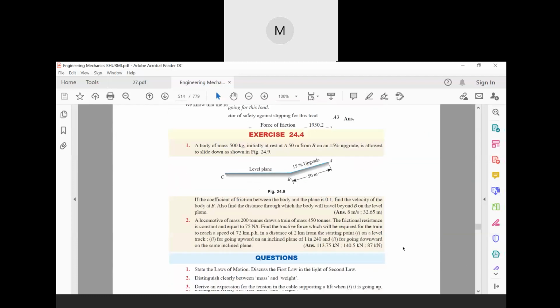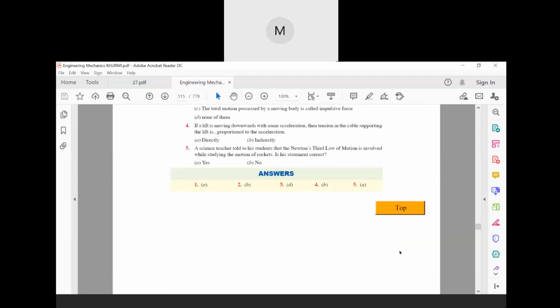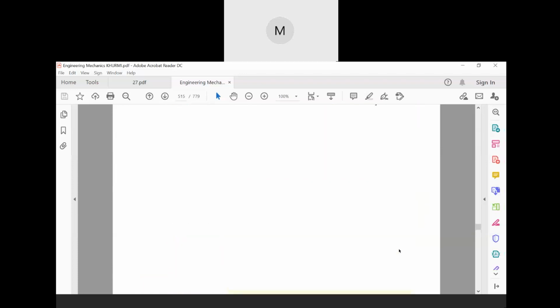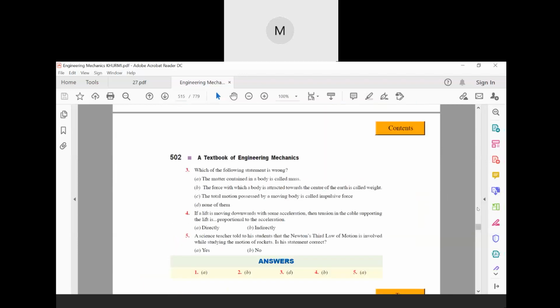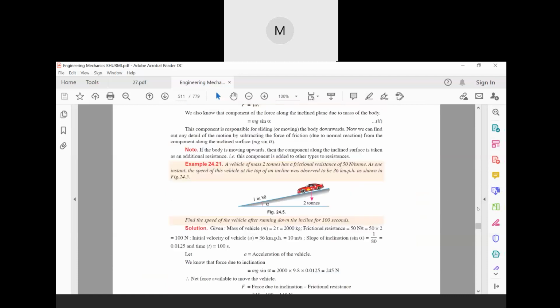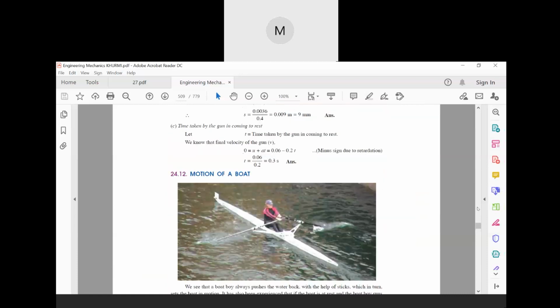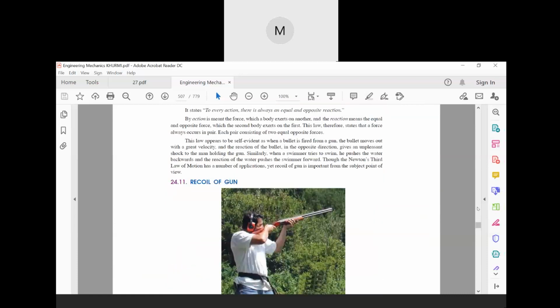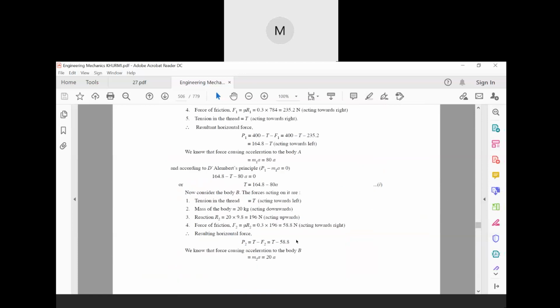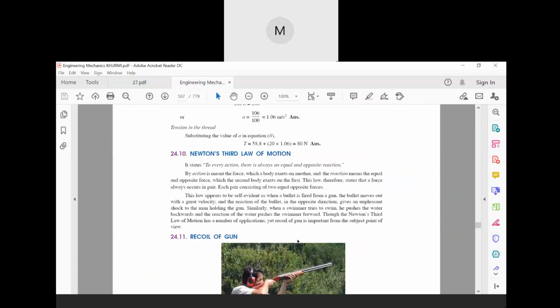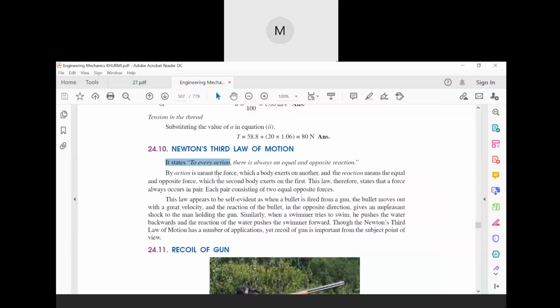Okay. So what is Newton's third law of motion actually? According to Newton's third law of motion, what it states is that to every action there is always an equal and opposite reaction, right?